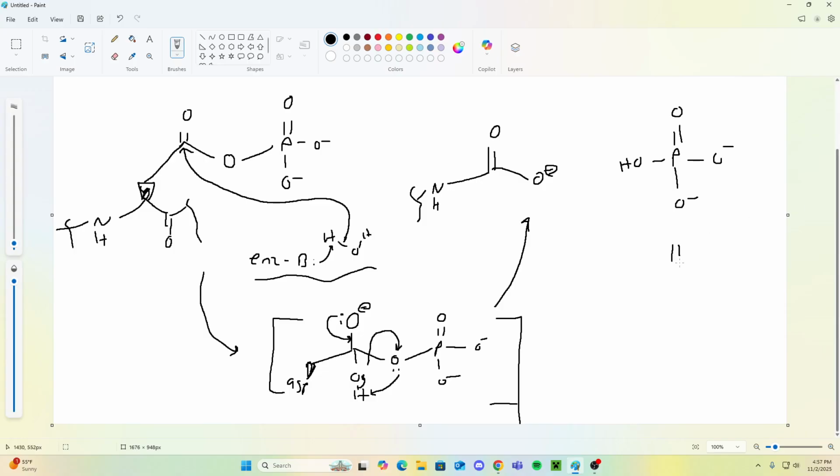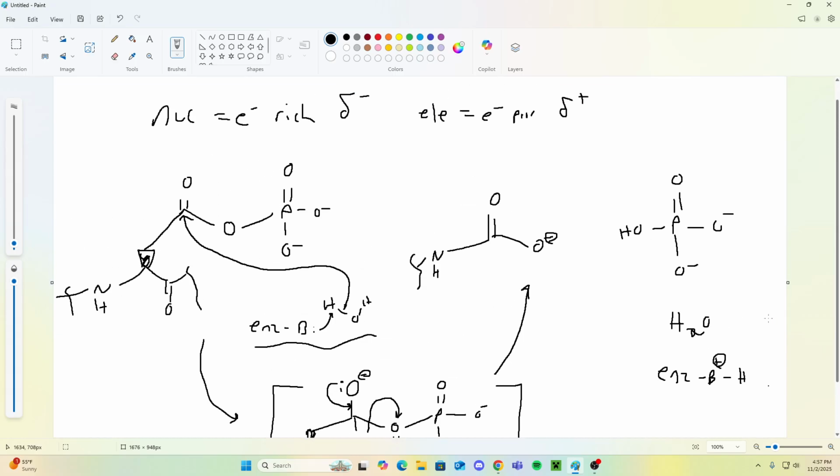So the water will just be floating in solution, a bunch of water in solution. And then the enzyme was protonated, so it'd be enzyme B with a hydrogen on it. It'd be positive.